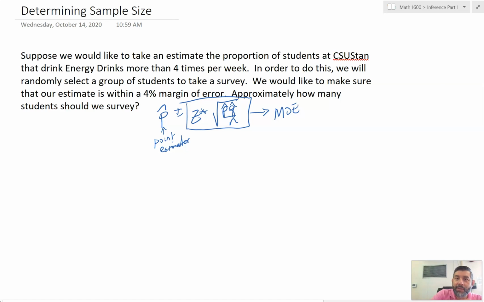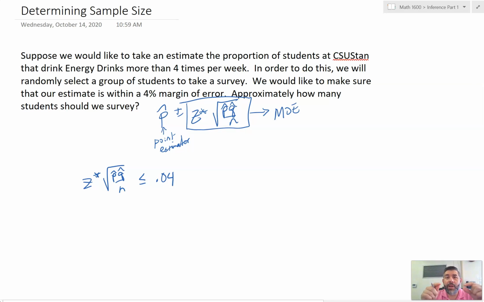So what I would like for this particular problem is for this z star times the square root of p hat q hat over n to be within 0.04. I could put greater than or equal to if I wanted to. I want it to be within, so less than or equal to.